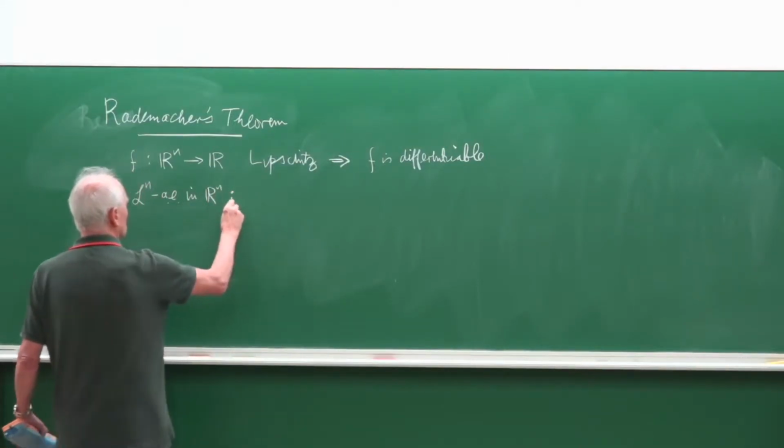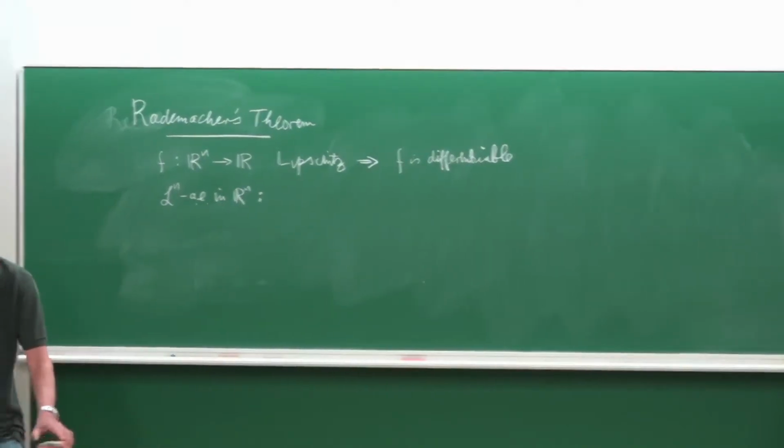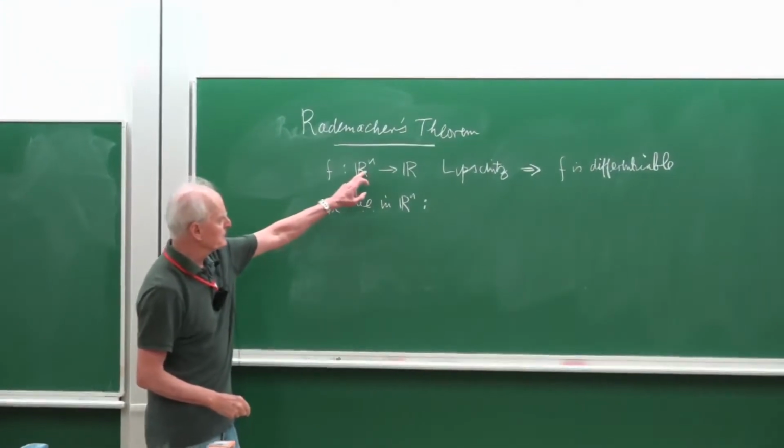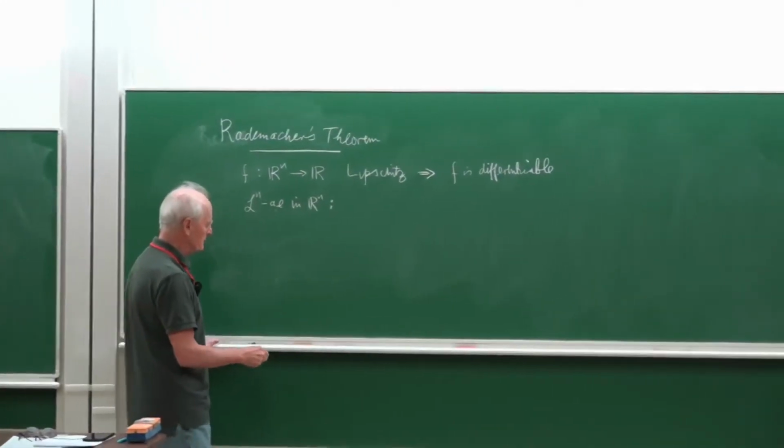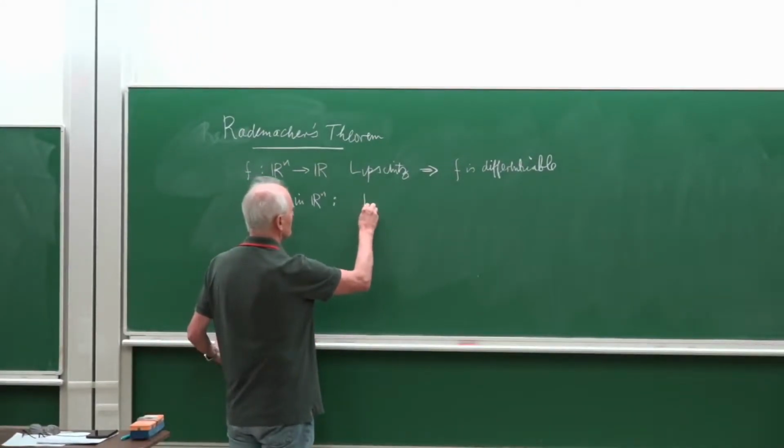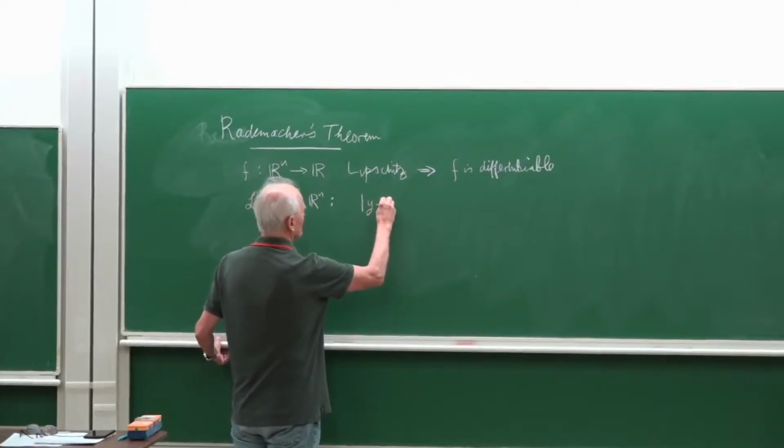Now let me remind you what that means, of course. We're talking about functions of n variables here, so what does differentiability mean? Well, it means the same as it does in one variable.